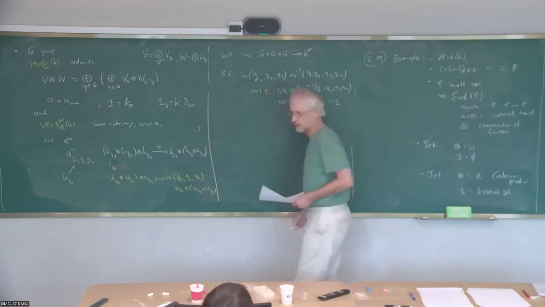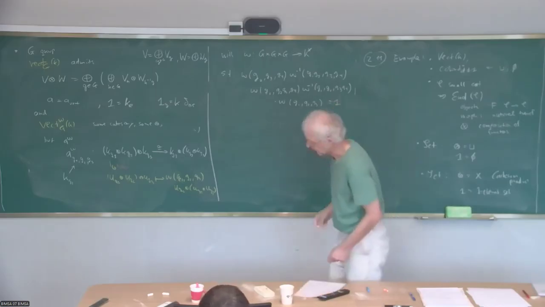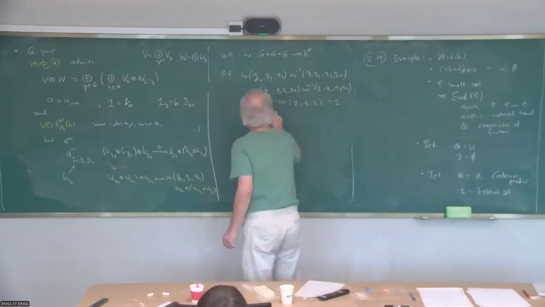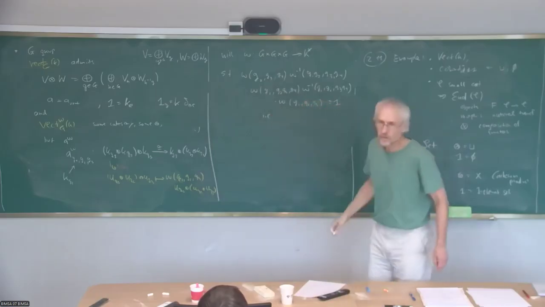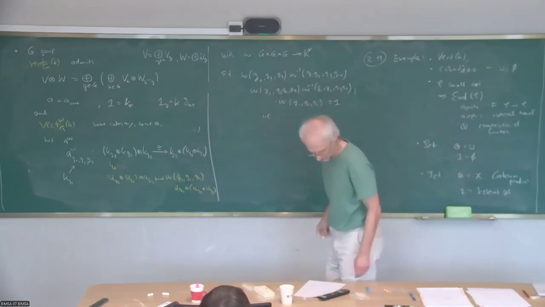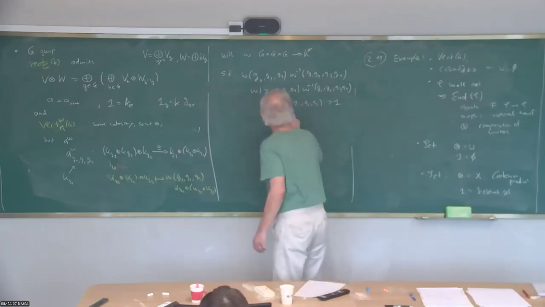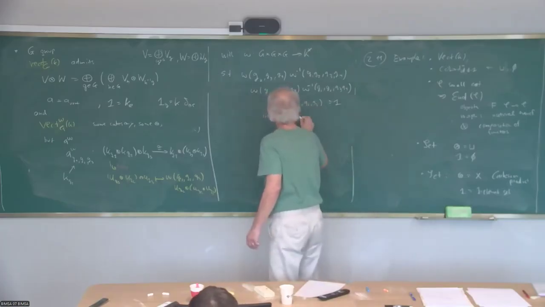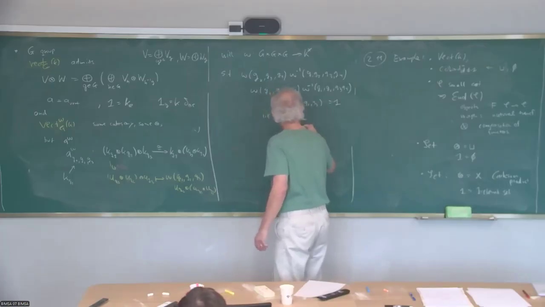This has to be 1, and this simply means that this is not just a 3 cochain on G, but it's a 3 cocycle. So the omega, it's 1 written multiplicatively.